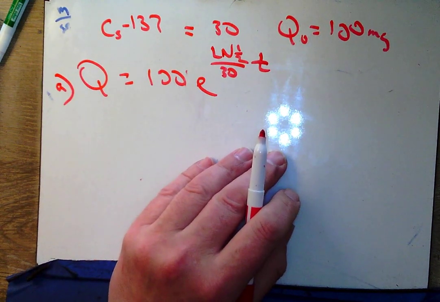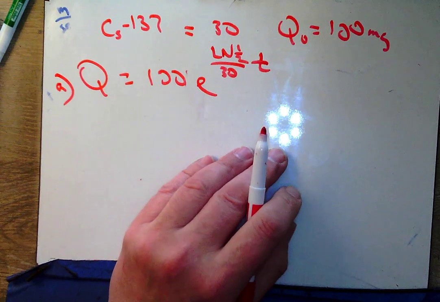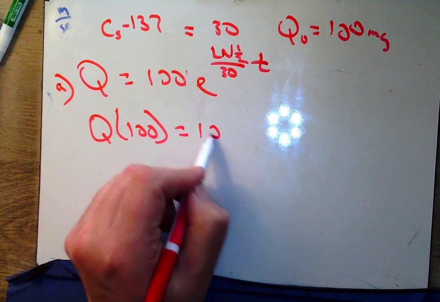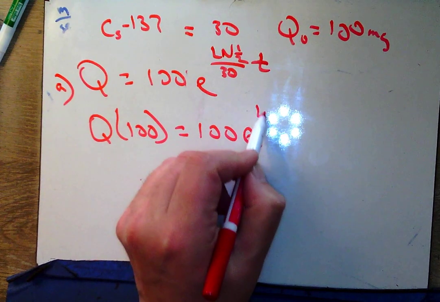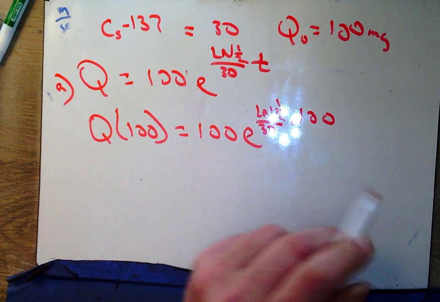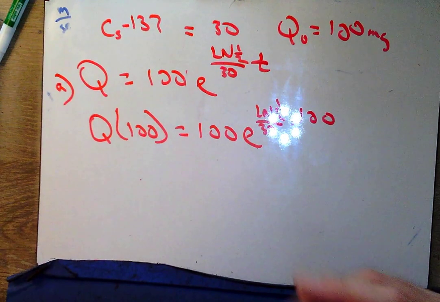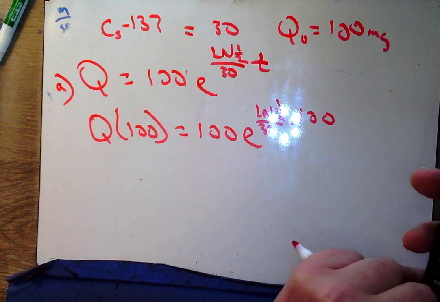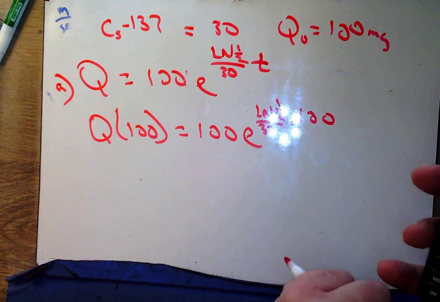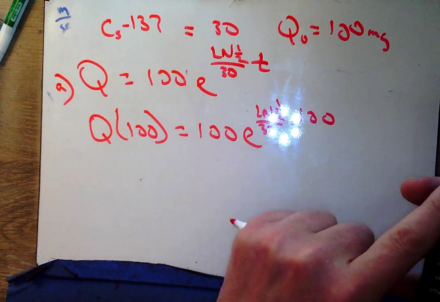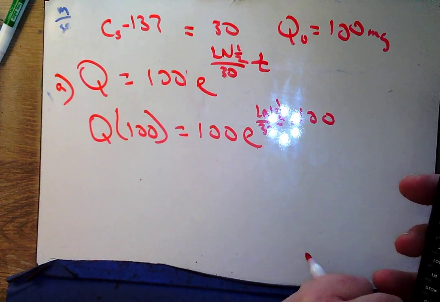Part B, how much remains after 100 years? So we want Q of 100, 100 e to the ln of a half over 30 times 100 years. Well, let's pull out that calculator and find out. We've got ln of a half divided by 30 times 100, and we want e raised to that power.